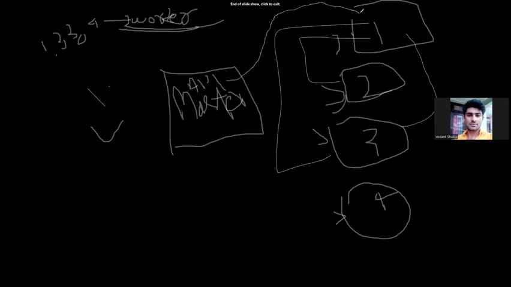So the interaction from node 1 to node 2, node 1 to node 3, and node 1 to the master is done by kube-proxy. I think you understand what kube-proxy is.